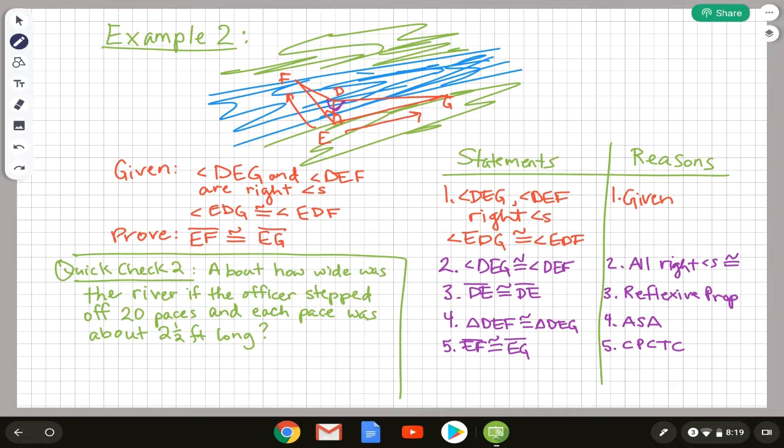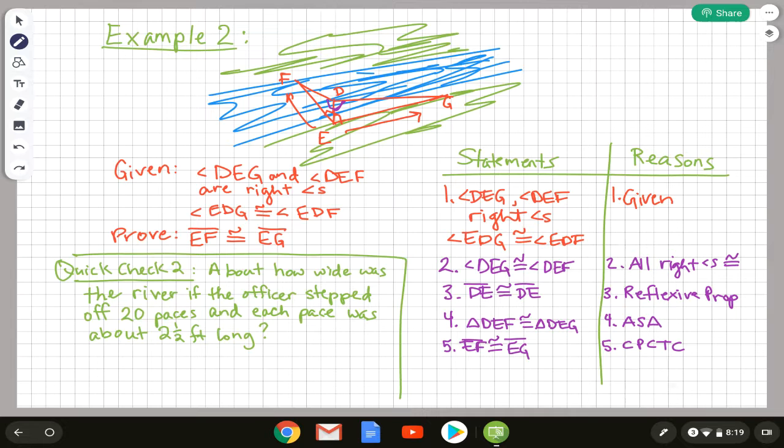Okay, just quickly looking at Quick Check 2, this was an extra question that wasn't a proof. Because they were talking about the officers pacing off the distance using his steps from E to G, they asked how wide the river was if the officer stepped off 20 paces and each pace was about 2.5 feet long.